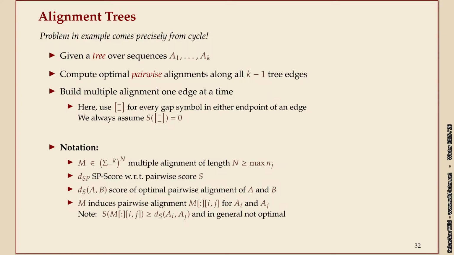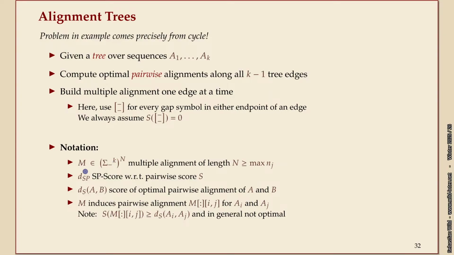For the quick analysis that will come, a bit of notation to make things concrete. Capital M will be the multiple alignment. So think of this as this matrix of letters or gap symbols. Again, formally, it's a sequence of columns, and each column consists of k letters from this blown up alphabet, the actual alphabet, and the gap symbol.